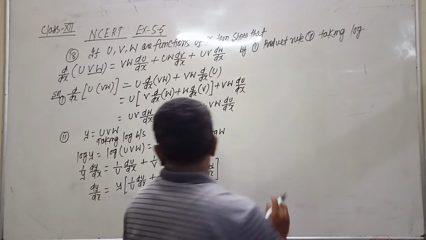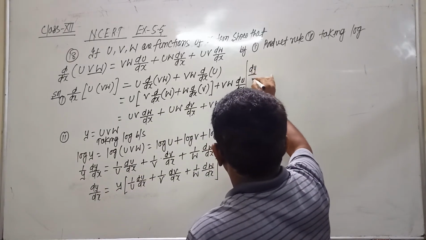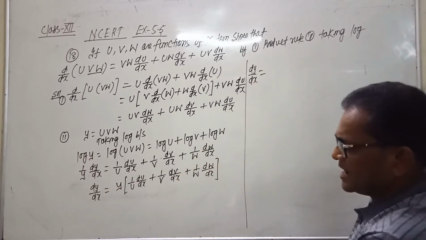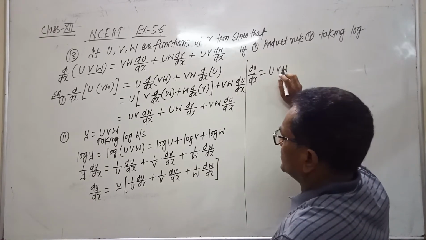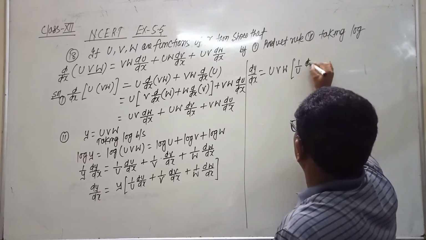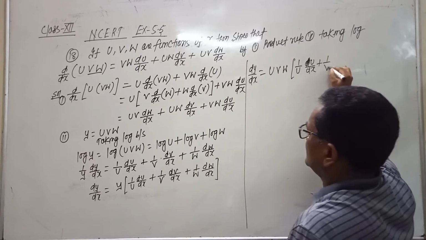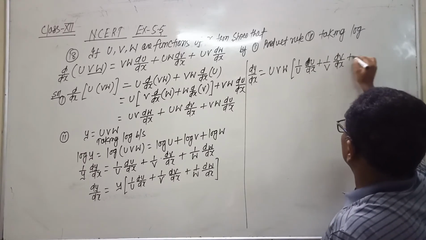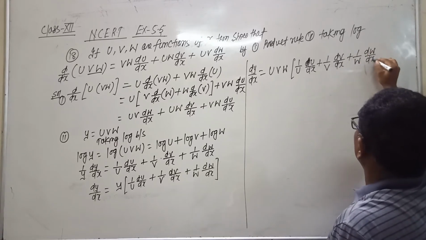Now dy by dx equals y into (1 by u du by dx plus 1 by v dv by dx plus 1 by w dw by dx). Now put the value of y. The value of y is u, v and w, and in bracket 1 by u du by dx plus 1 by v dv by dx plus 1 by w dw by dx.